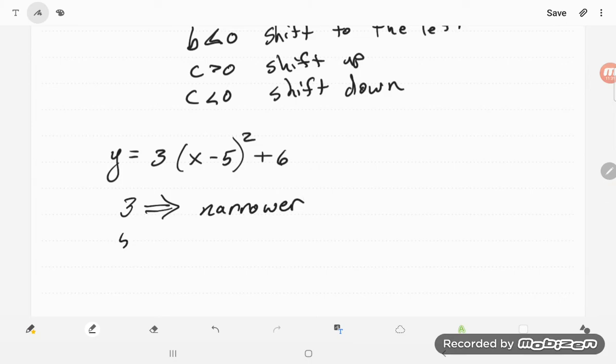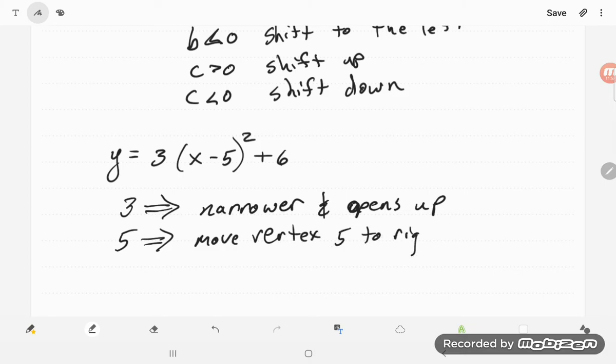Actually, 3 says narrower and opens up. 5 says move vertex 5 to the right.